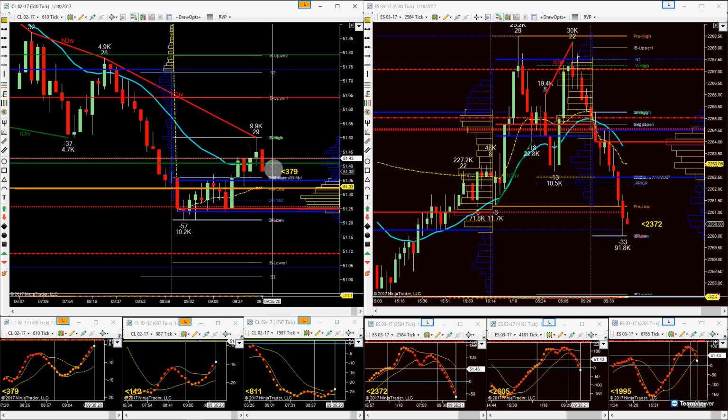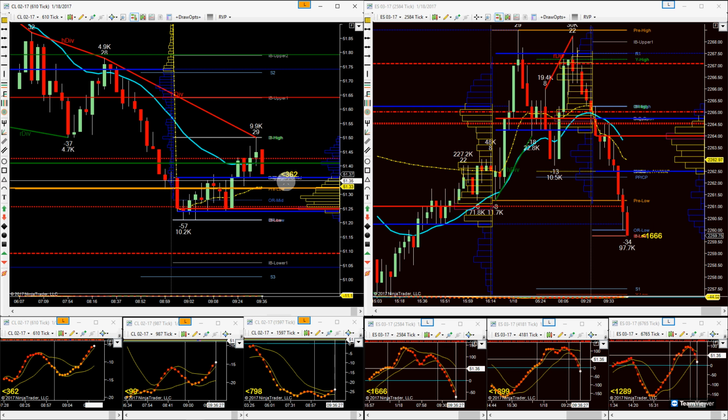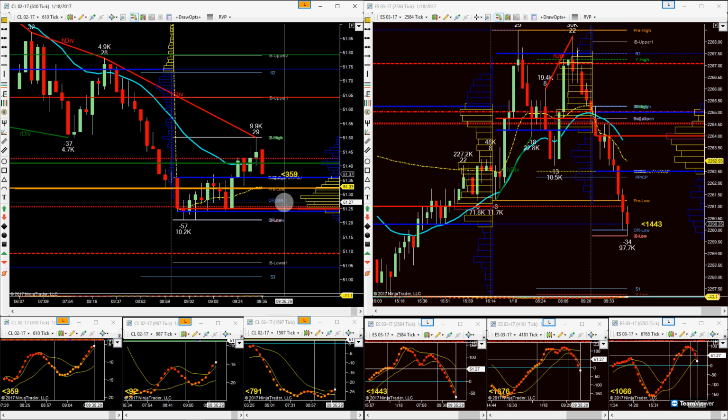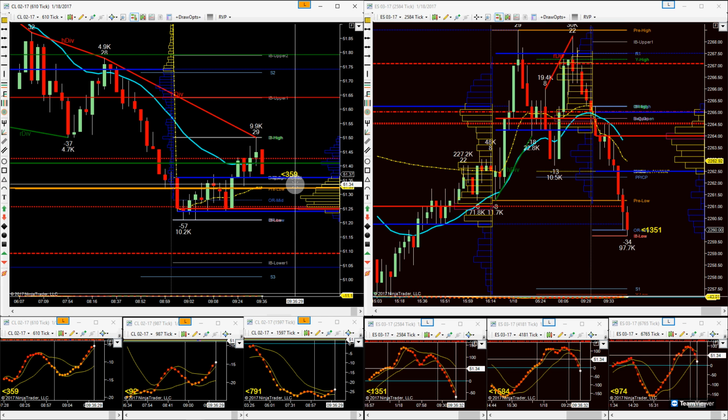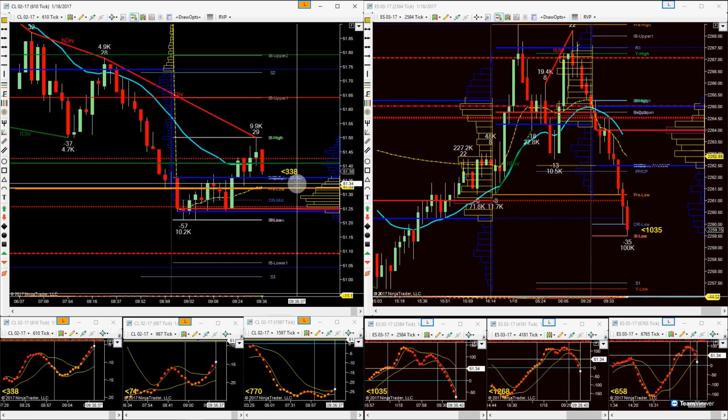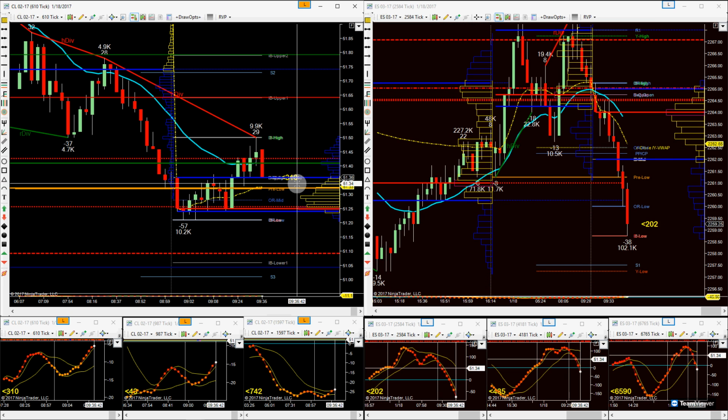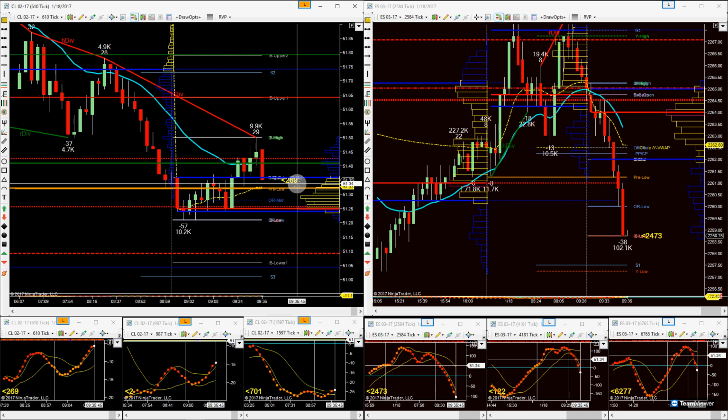So we tested a level here. This level held, strong bearish bar here. Look at ES just tanking.